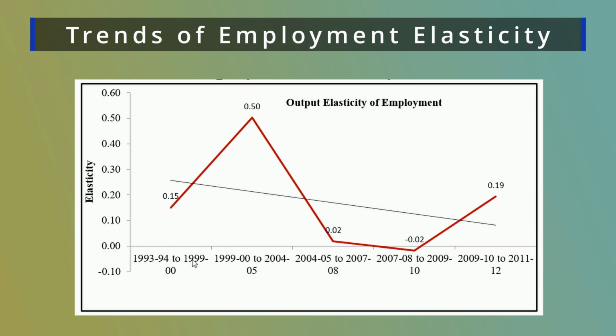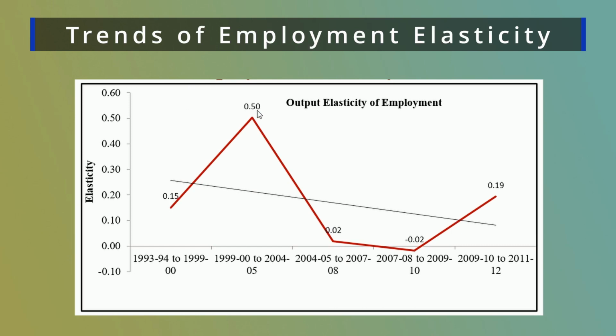During the period 93-94 to 99-2000, the value of output elasticity of employment was 0.15. But after that, because of the convergence of the growth rate of output and growth rate of labor productivity, this output elasticity of employment increased to 0.50.